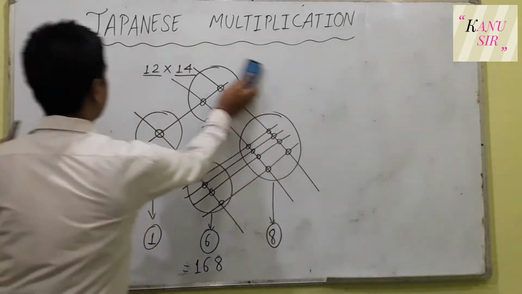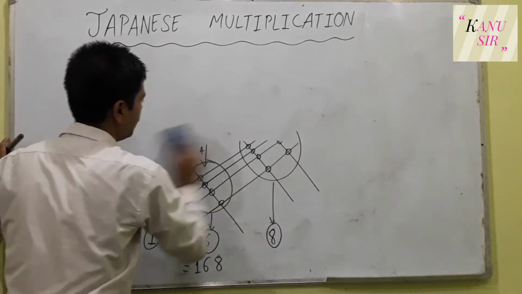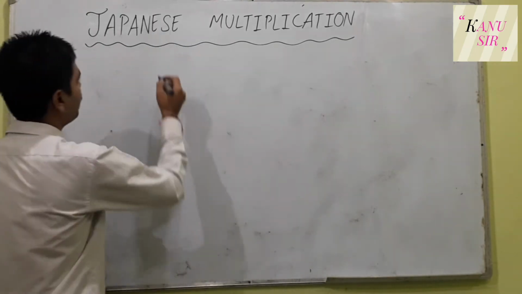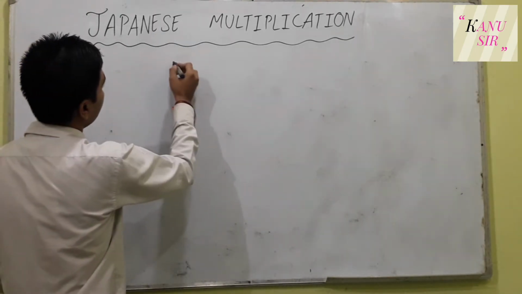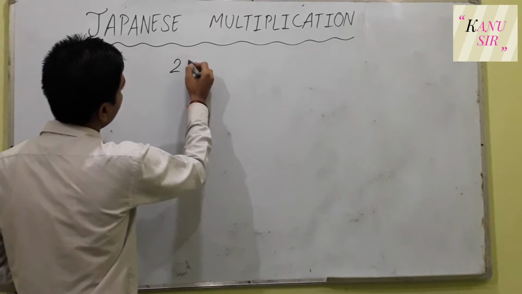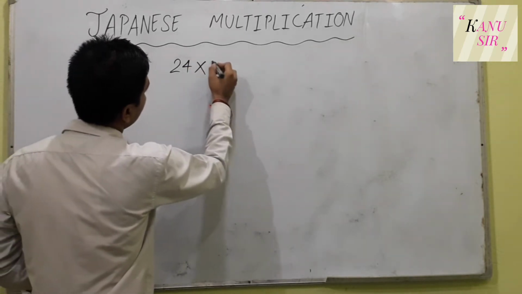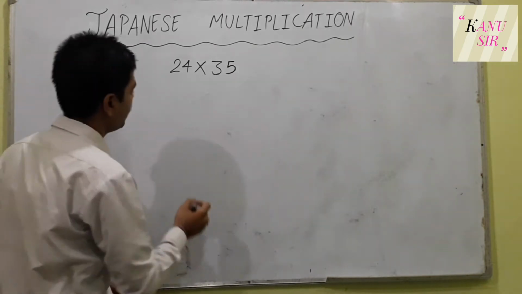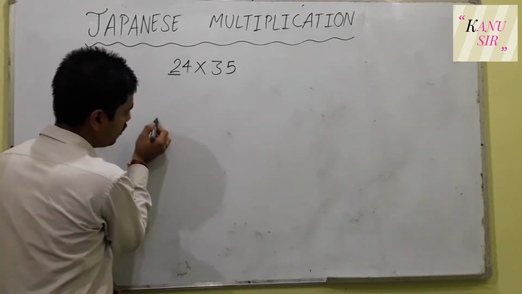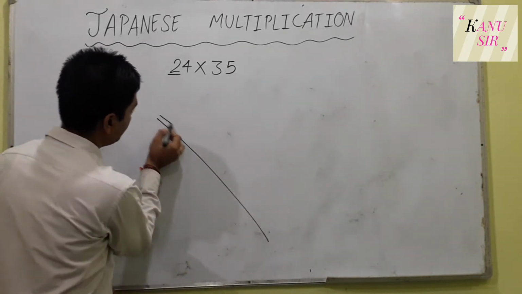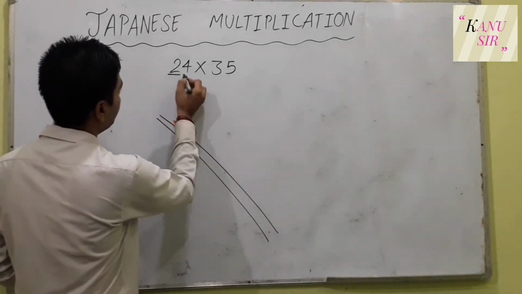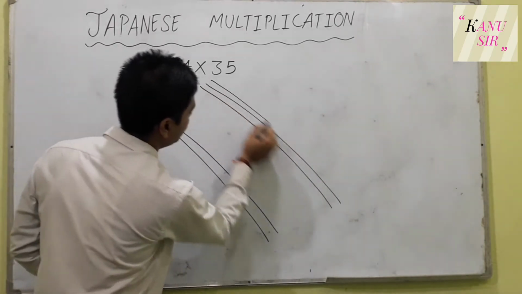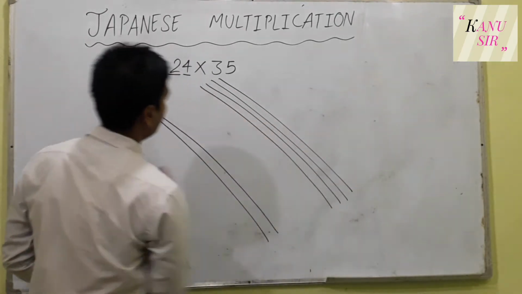Now let us take the next example, a little bit bigger than tens. Let us take the twenties: 24 times 35. Now let us make 2 lines, and the next digit 4 lines.